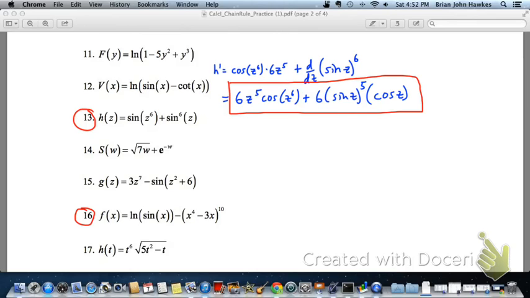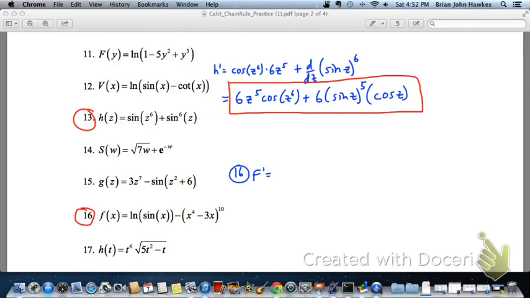Number 16, got an ln, a sine in there. F prime of x. Let me get the right color here. So for number 16, I'll write that up here. We've got f prime is equal to, you notice I dropped the x, it's consistent throughout the problem, so we're okay there.